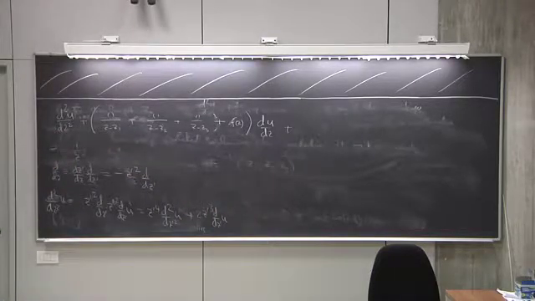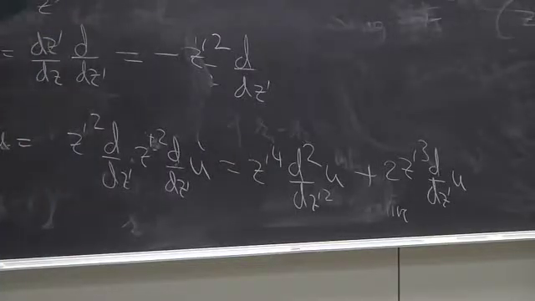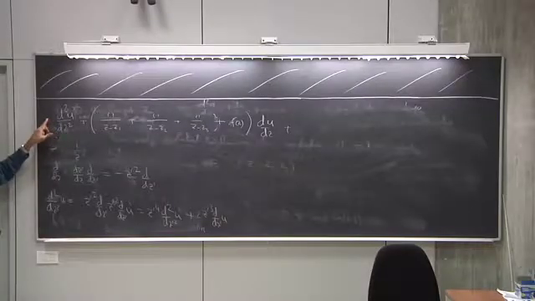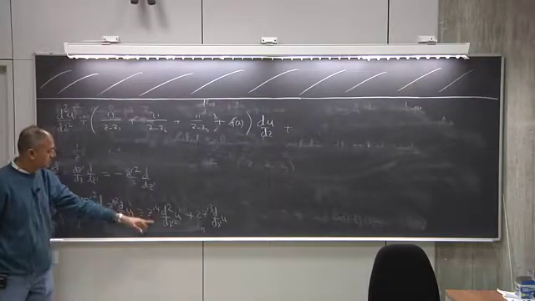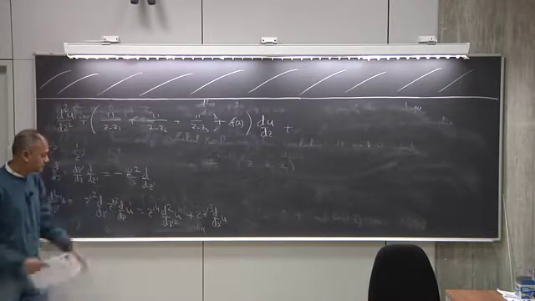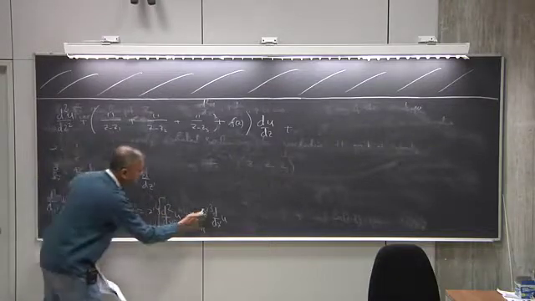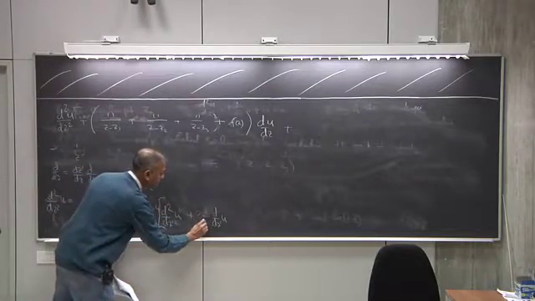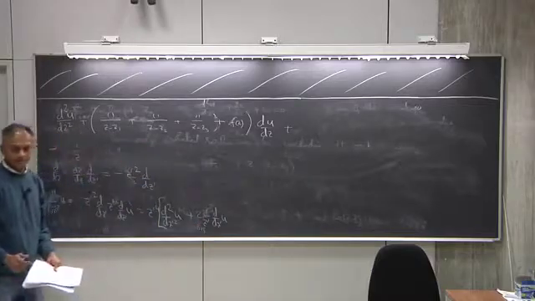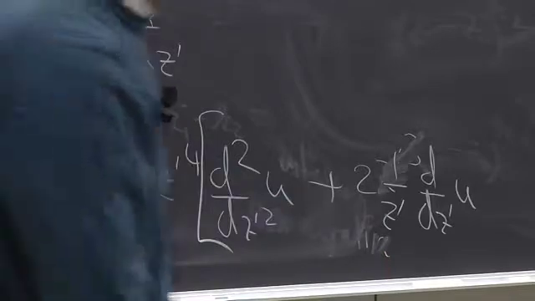So this will become that, but you remember, when we study this equation, we make this coefficient 1. So I have to divide this entire equation by z prime to the 4. If I take that out, then this becomes 2 over z prime here. That's not the whole story.